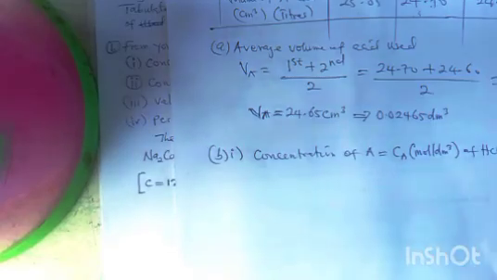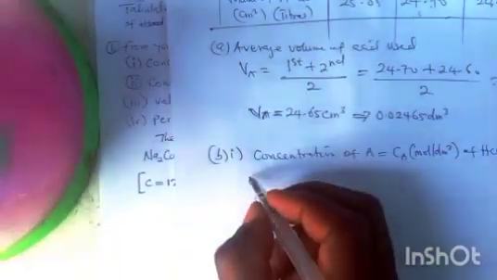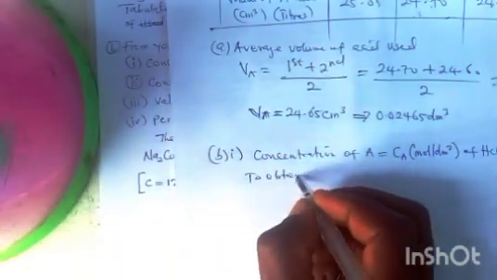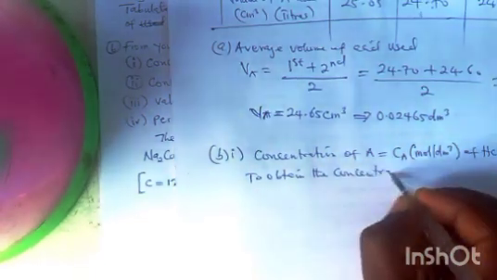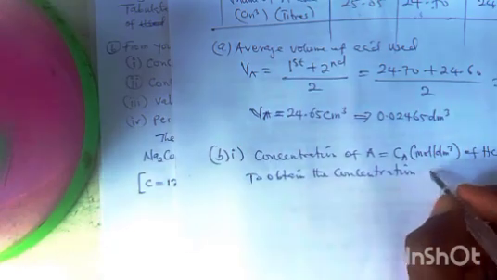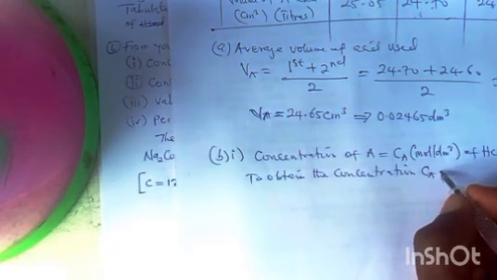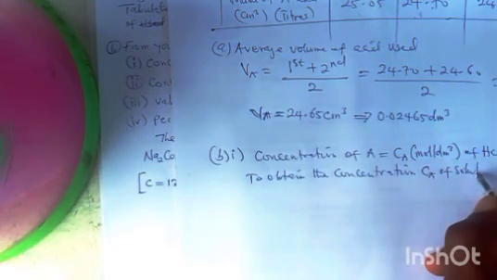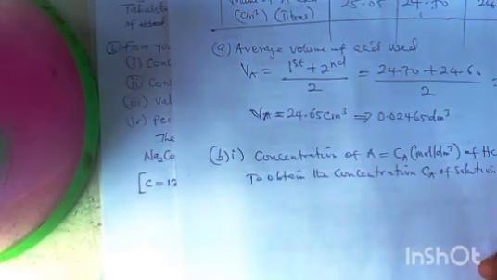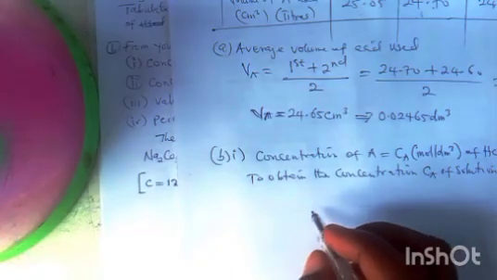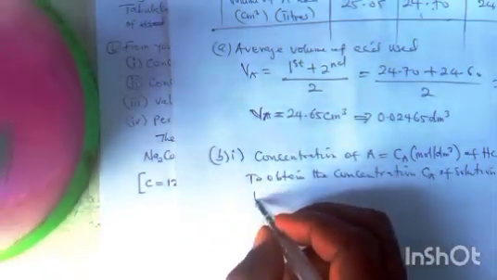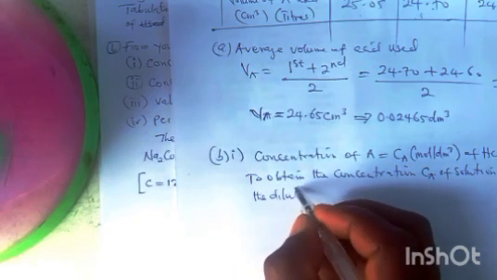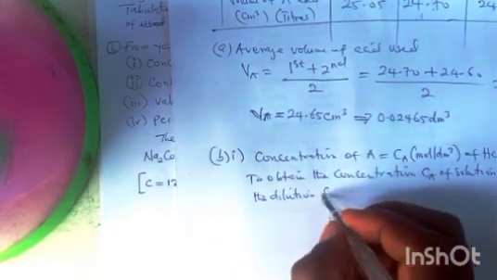Now, to obtain the concentration of A, Ca, of solution A used, use the dilution formula.